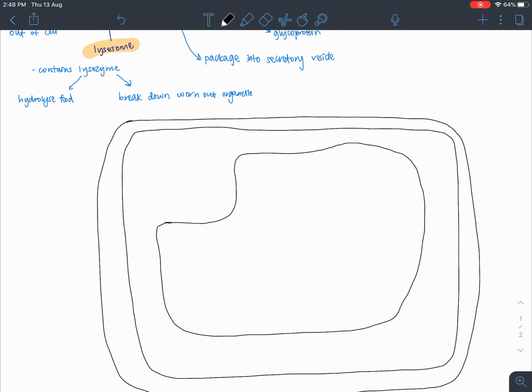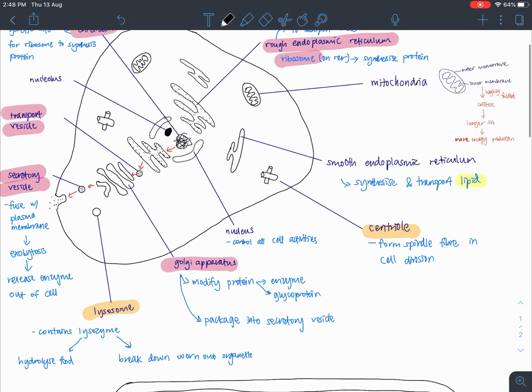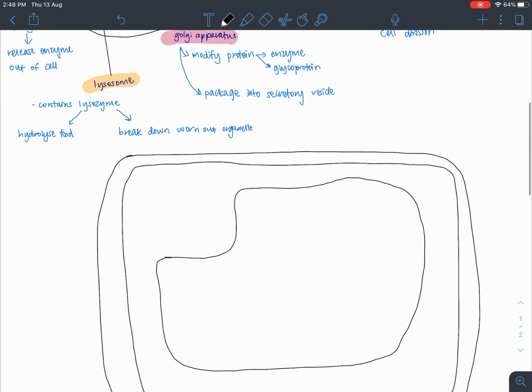So the nucleus, same thing like here. Draw the chromatin, nucleolus, the RER, and the rest of the nuclear envelope. This is the nuclear envelope, and the hole is the nuclear pore.